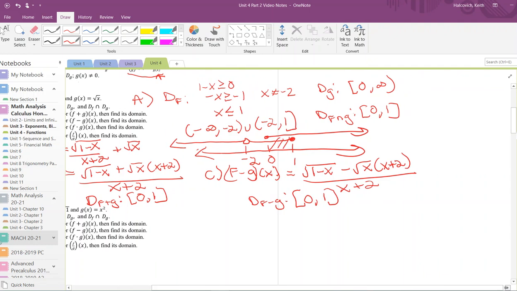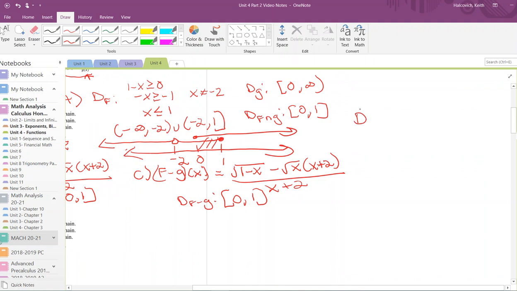So for part D, it wants to know what happens when you take f times g of x. So that means we're going to multiply the square root of 1 minus x over x plus 2 times rad x.